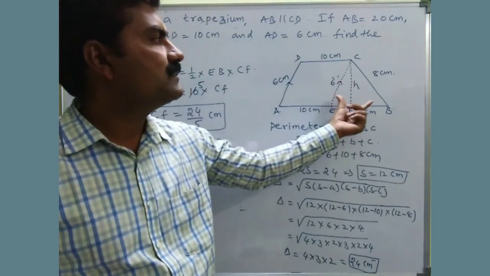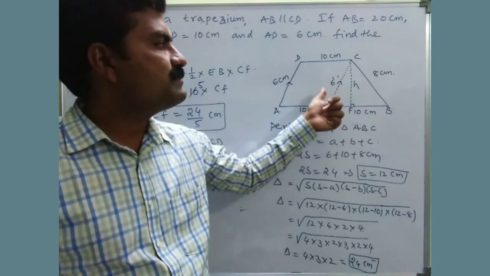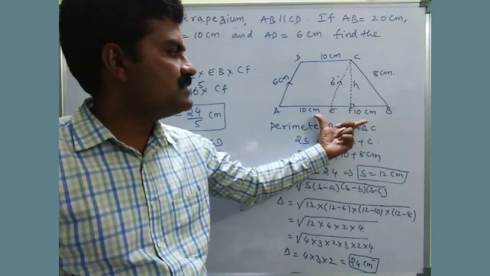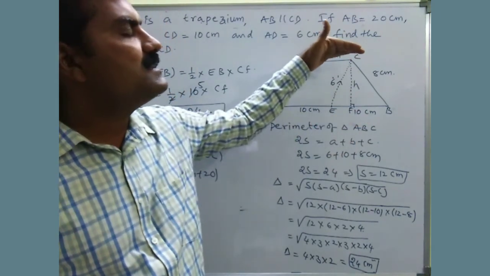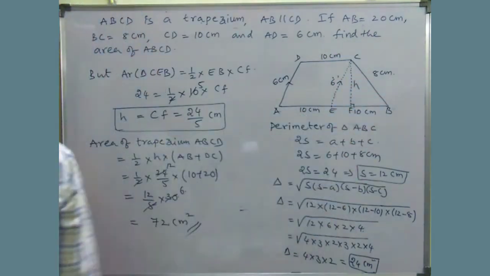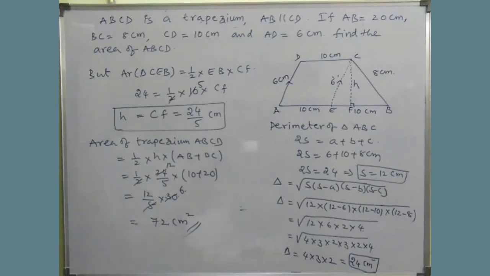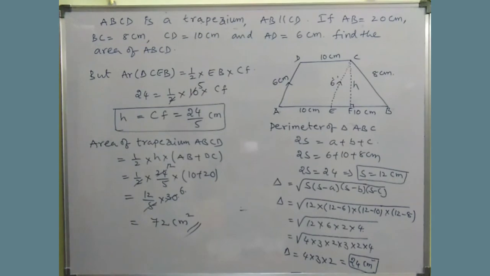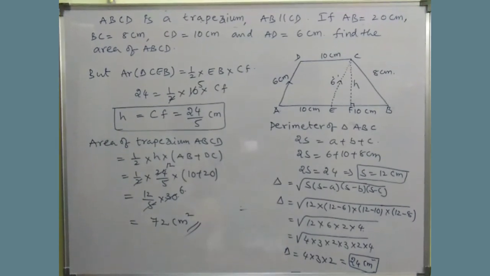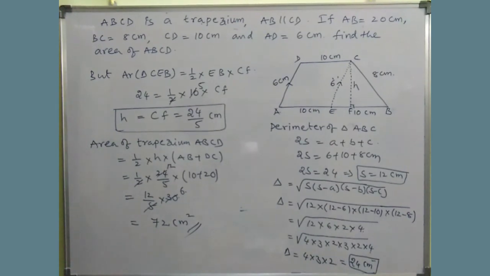Since both the triangle as well as this parallelogram are on the same base and lie between the same parallels, their heights are equal. So using that concept we can find h, and then we can also find the area of the given trapezium ABCD.